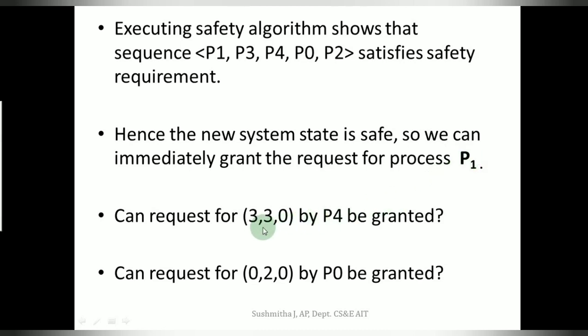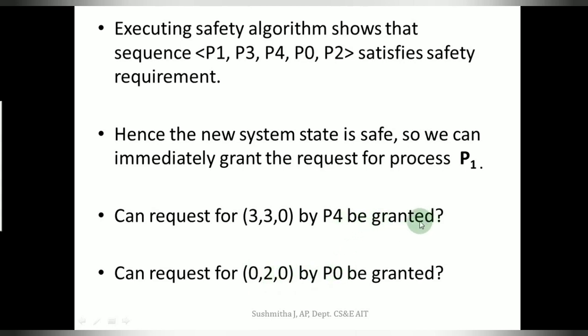I have a small exercise for you. Please take a note of it. Now you have to check and tell if process P4's request of 330 can be granted, and also process P0's request 020 can be granted.